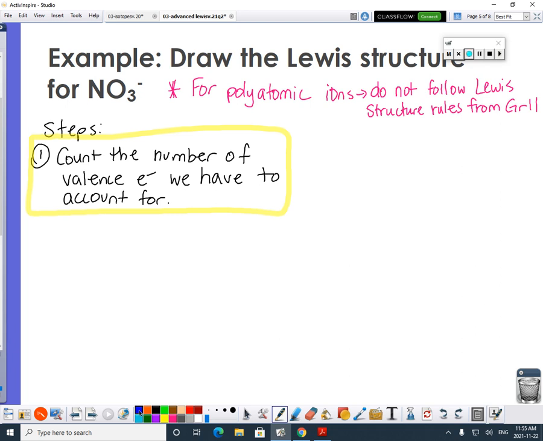So again, you can certainly streamline this process, but I'll show what I'm doing, okay? So we have 1 nitrogen, we have 3 oxygens, I'm going to put oxy so it doesn't look like 30. And we have a -1 charge.